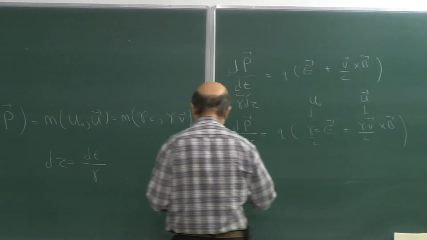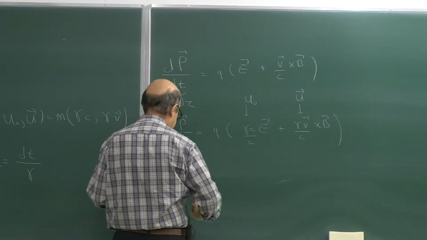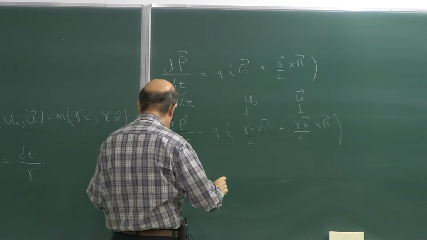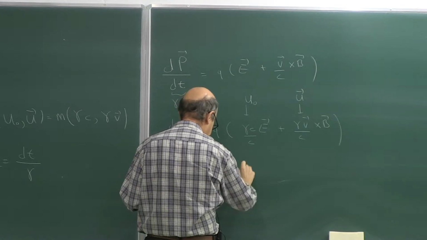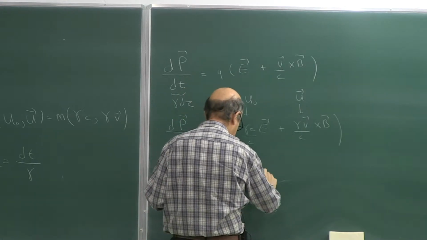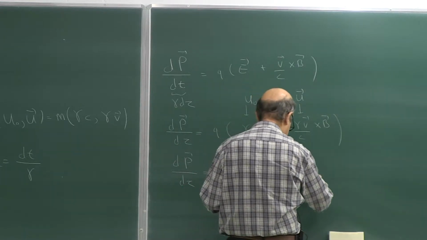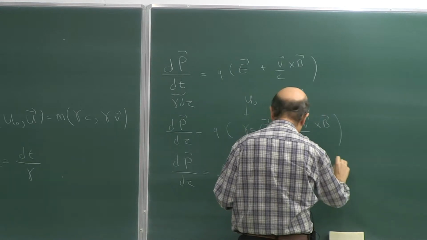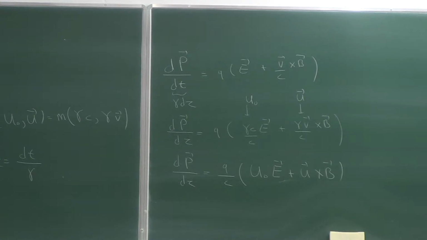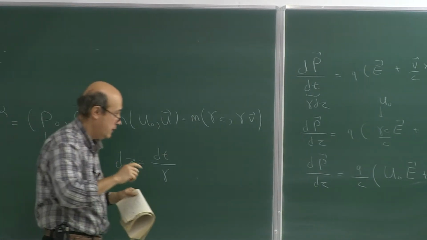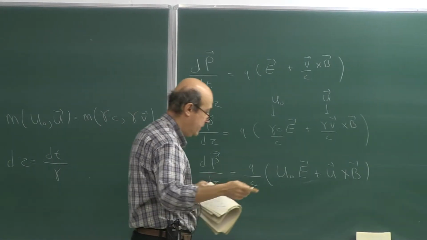What we obtain is the Lorentz force with respect to the invariant time, the proper time, equal to, taking c out of the parentheses, q over c times u0 E plus u cross B. This is the space part of the four-momentum, so in three dimensions it is px, py, pz.